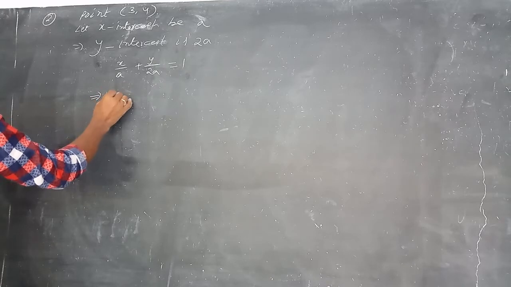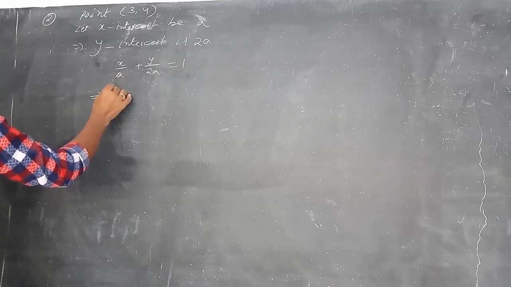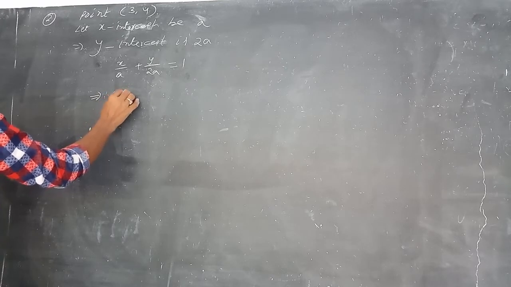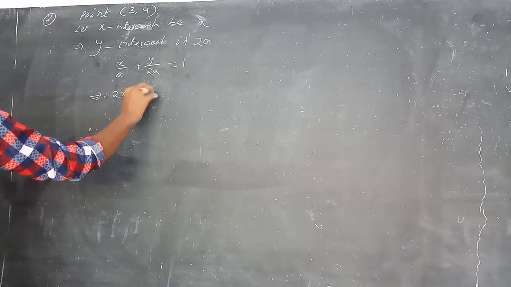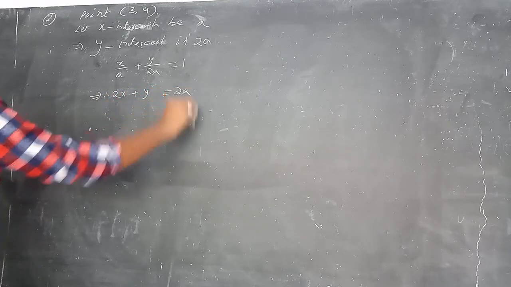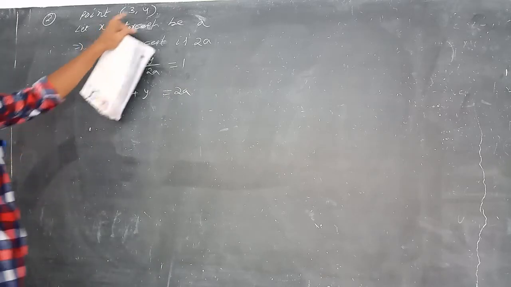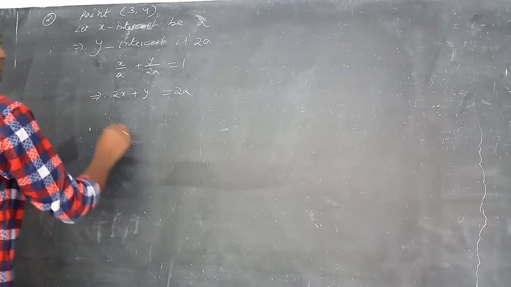So, 2x plus y equal to 2a, which is passing through the point 3, 4.